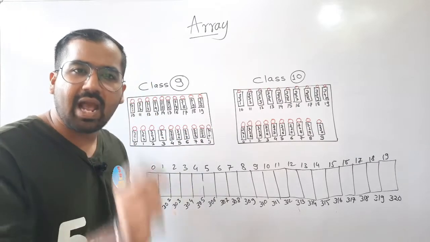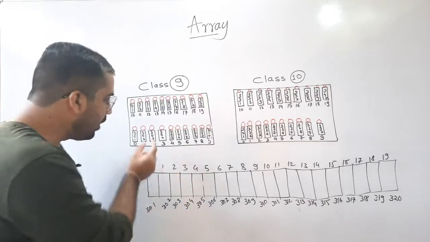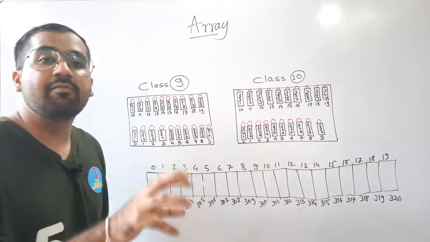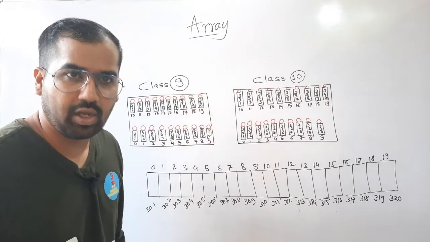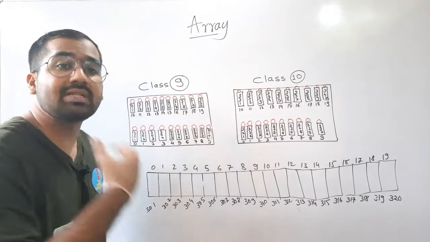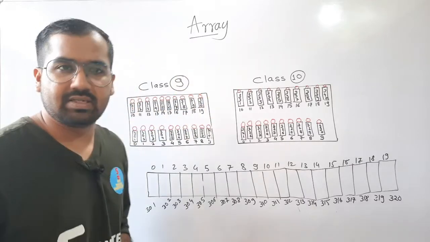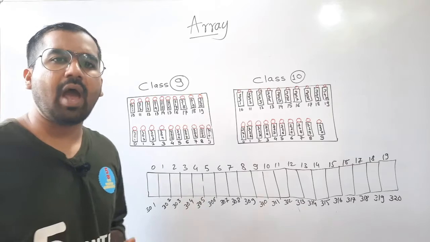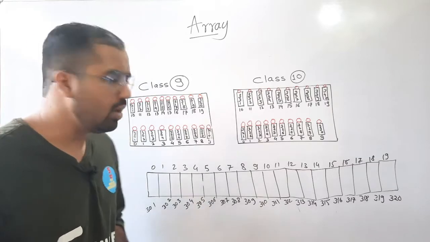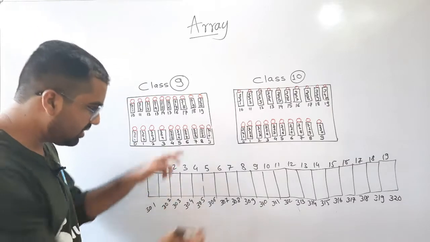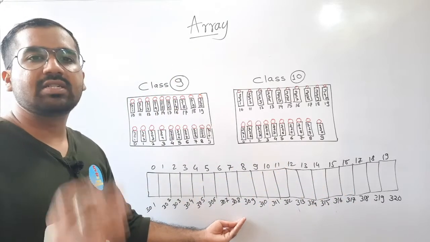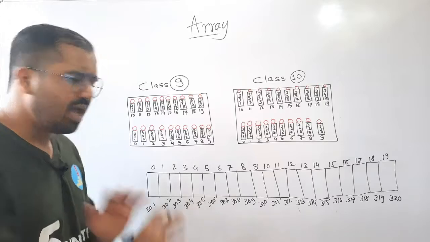Each and every array element holds an index, with the help of which we can uniquely identify it, and these index numbers also help us to access the array elements in the array data structure. Now if you have to visualize the array data structure, this is the simplest form that I have mentioned here. This way you can simply visualize the array data structure.